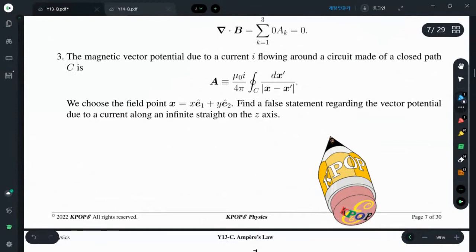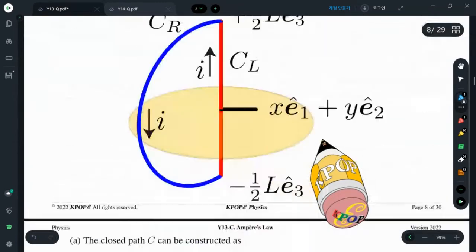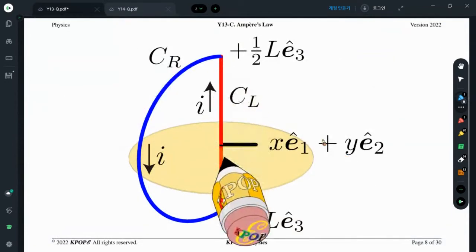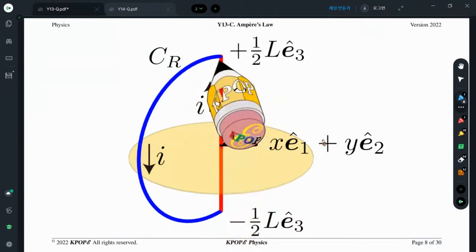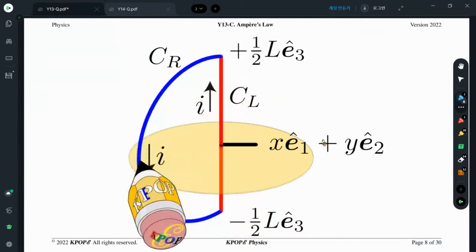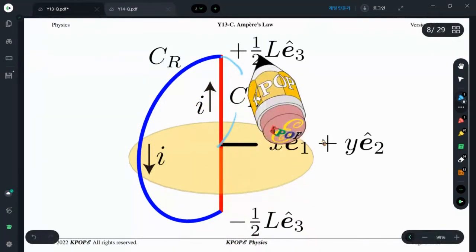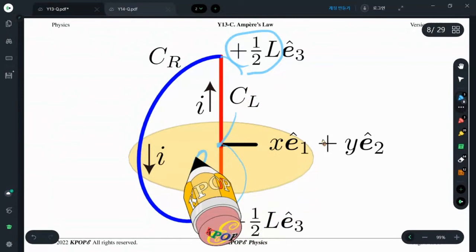Let us make use of this definition of the magnetic vector potential to evaluate something. This is a circuit. The red one is a straight line where current is flowing, and the blue one is a circle. We have 1/2 L, 1/2 L, and there is the origin.